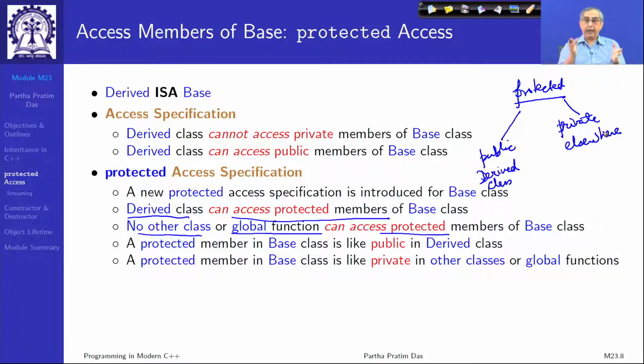On an ensemble of classes which are related by is-a relationship, by generalization specialization, we can have three types of control to decide what is exclusively for use within the class, which will go to private, what is the final interface for others, which will go into public, and what is specific at different stages of this hierarchy of is-a relationship, which will go into the protected.